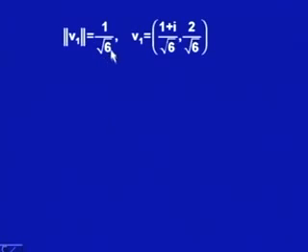And v1 is (1 plus i) by root 6 and 2 by root 6, because the magnitude of v is root 6. So, v1 is a row vector with this as the first component and this as the second component.